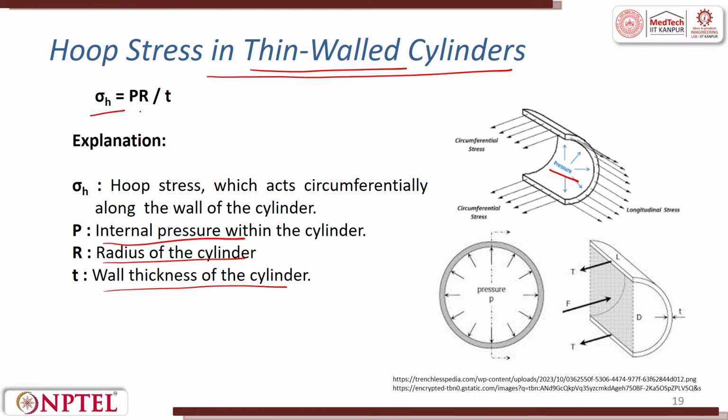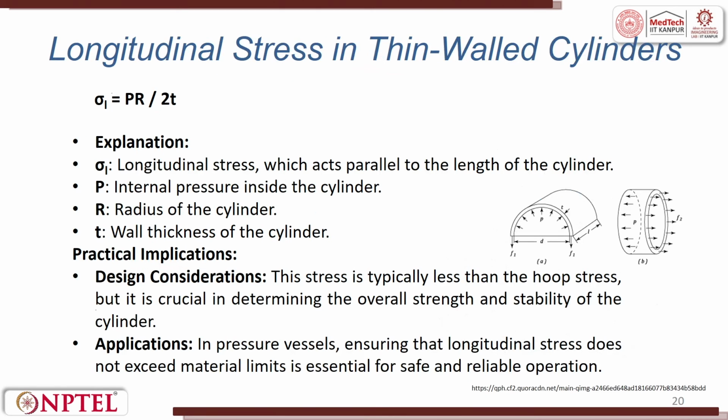Hoop stress is PR by t. And for longitudinal stress in thin walled cylinder, sigma L is equal to PR by 2t.